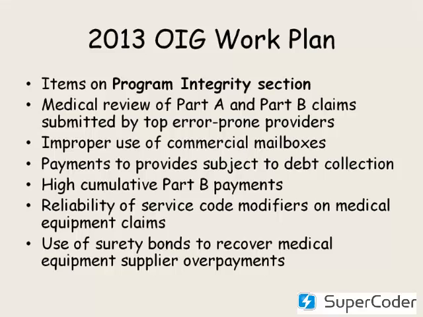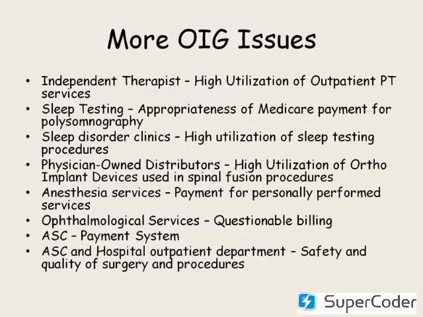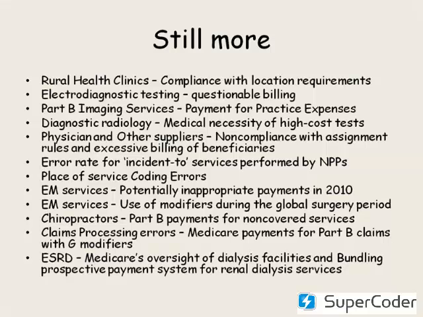Then on slide 4, you're going to see that we get into more of the physical therapy, some of the physician-owned distributors, and then some ASC issues. More and more physicians have owned ASCs, and so we're going to touch on that. And then on slide 5, even more, where we're talking about some of the E&M services, radiology services, and then also on slide 6, some of the prosthetic DMEs.